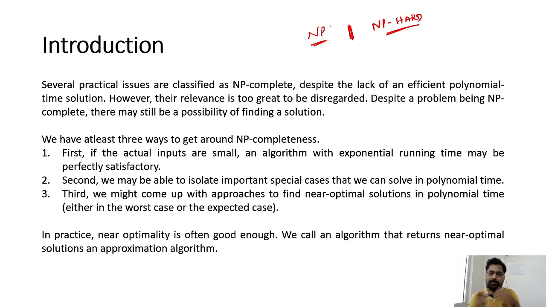As we discussed earlier, NP complete is harder than NP, but less hard than NP hard. It's basically a decision kind of problem where yes or no conditions are there in NP and co-NP, which we earlier discussed.